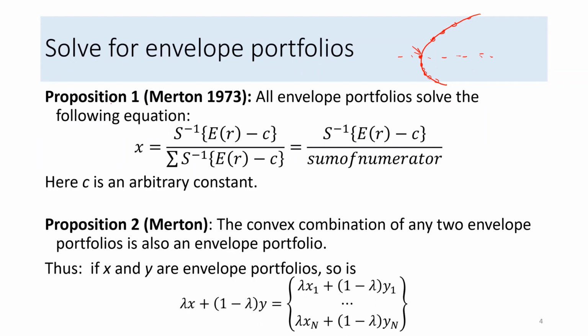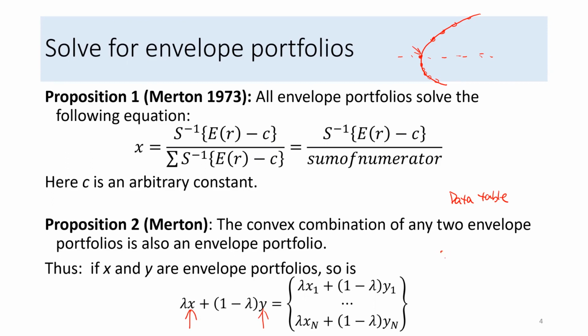So looking at proposition 1 and 2, these two together give us a process to solve for efficient or envelope portfolios. Proposition 1 will already give us a solution. We can basically use Solver multiple times and come up with different envelope portfolios. But based on proposition 2, we can use a data table and save a lot of work, because as long as we know portfolio X and portfolio Y, we will know all other portfolios.